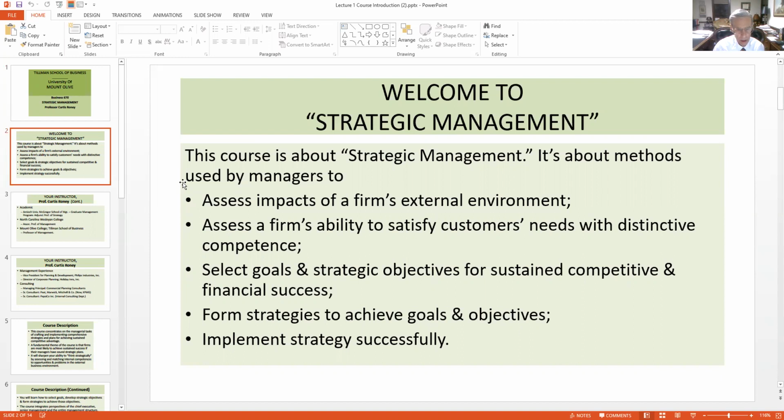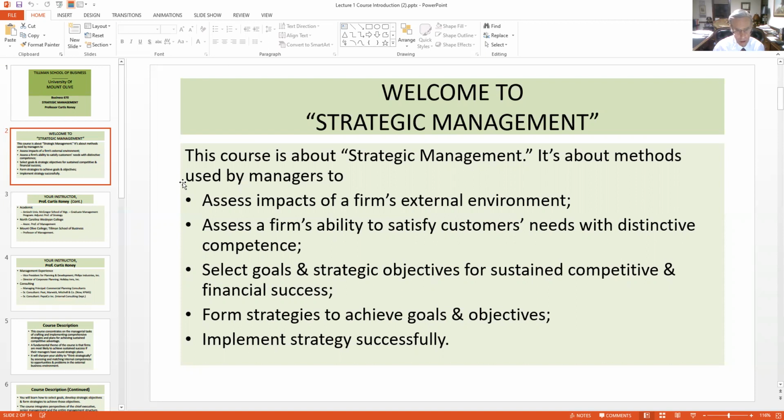As you might imagine, the course deals with the selection of goals and strategic objectives, and finally, strategy to achieve those goals and objectives, as well as an overview of implementation. I say overview because we won't really talk about implementation very much. The follow-on course, Business 671, is focused entirely on strategy implementation.